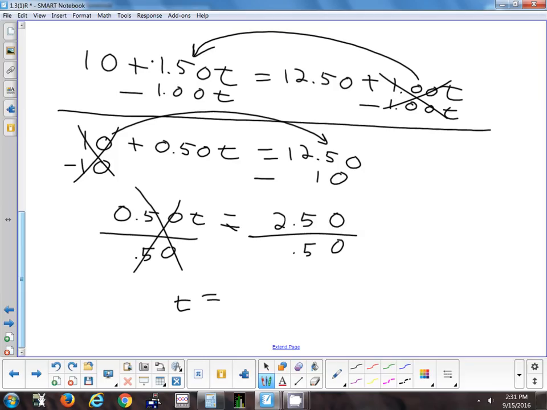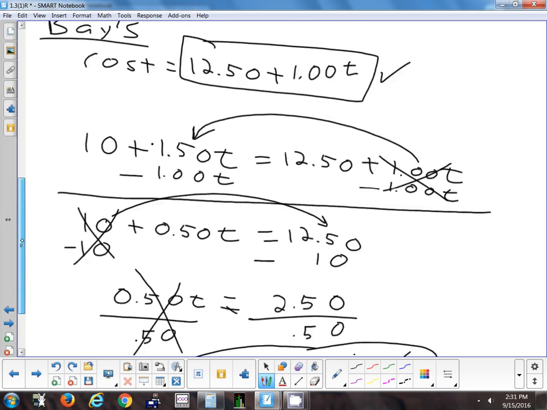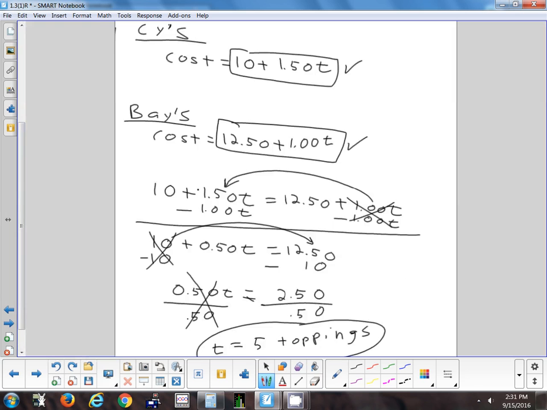So I could use my calculator, or if we know it. Yeah, it does. It comes out to 5 toppings. So if you get a pizza from Bay's and you get 5 toppings, or you get a pizza from Cy's and you get 5 toppings, the cost would come out the same.